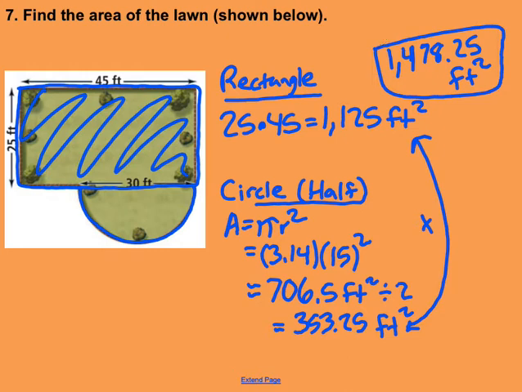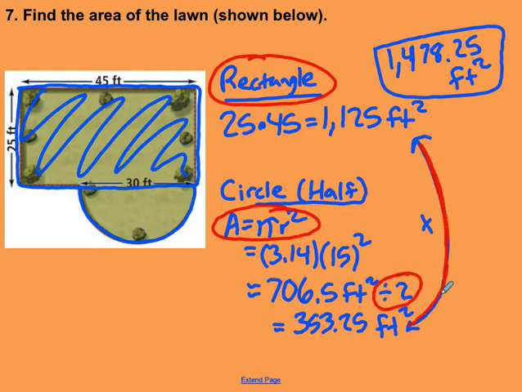So again, the idea here was find the area of the rectangle, length times width, base times height, then find the area of the circle, but remember we're going to do half of it, so we'll divide by 2. Then we will add those 2 numbers together to get us our grand total. And that concludes your notes on 10.3, which is the area of a circle.